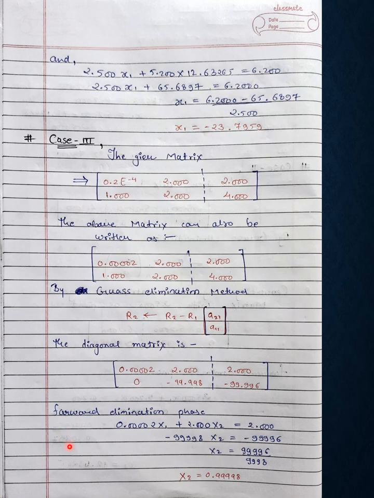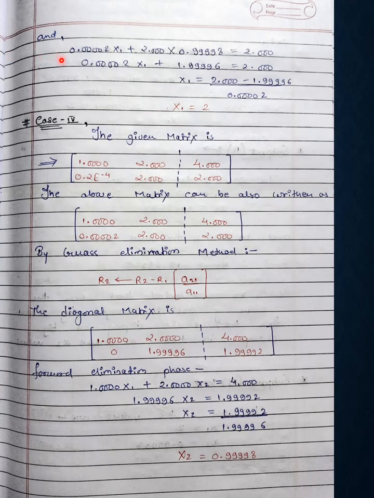It will give x2, and the x2 is 0.99998. And now for x1, 0.00002x1 plus 2.000 into 0.99998 equals 2.000, and the x1 is 2.